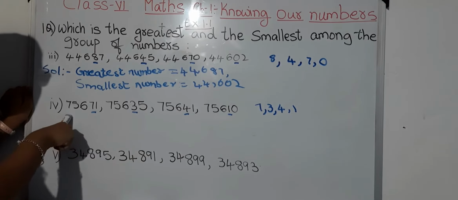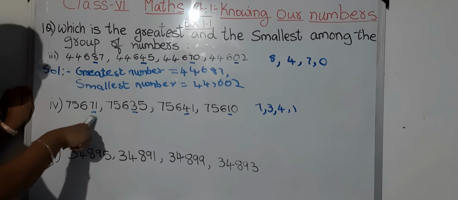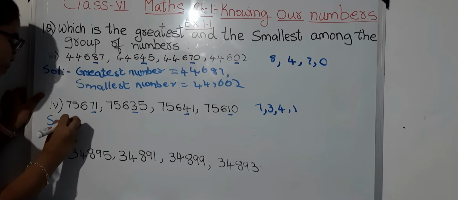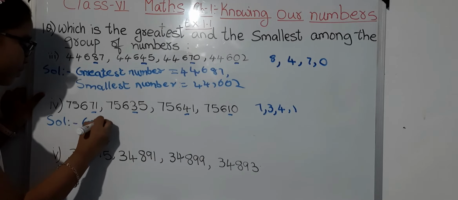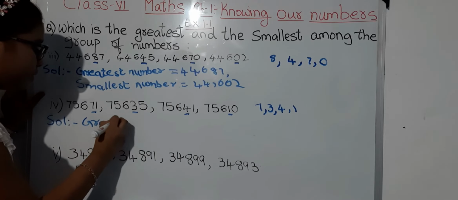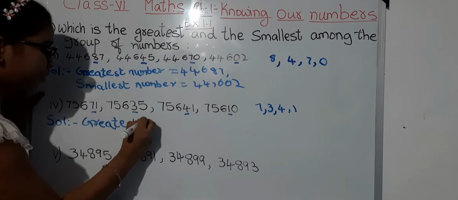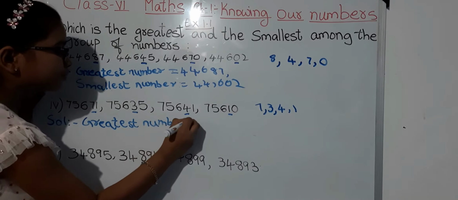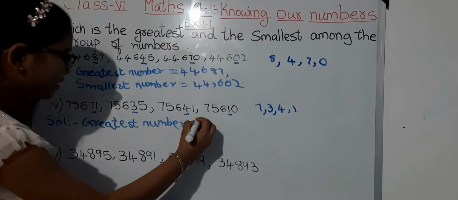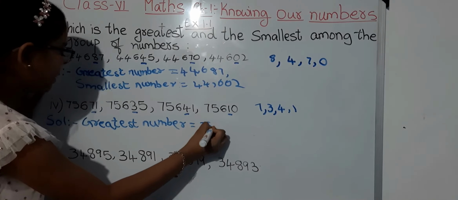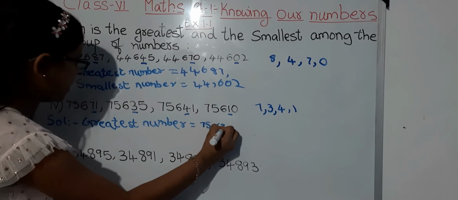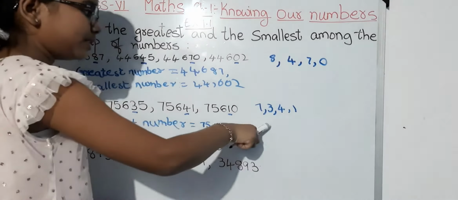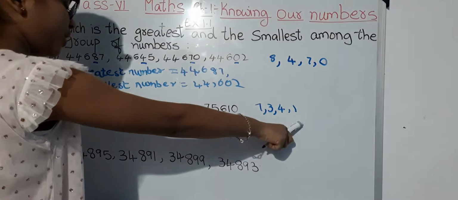So 75,671 is the greatest number. Now in this, which is the smallest number? 1 is the smallest number.